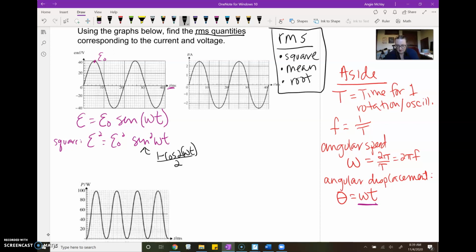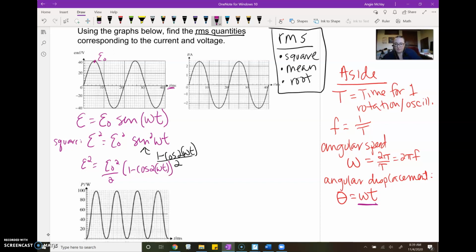Okay, so we stick that in for sine squared, and we get E squared equals E naught squared over 2 times 1 minus cosine 2 omega t.